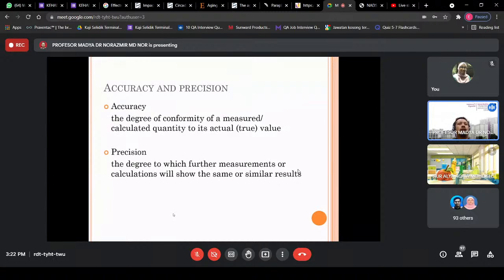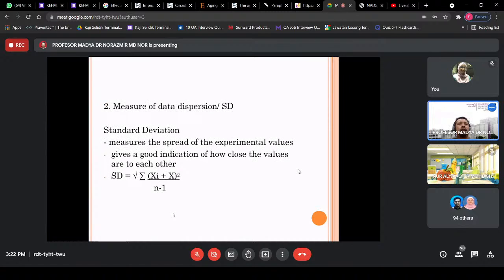So this accuracy and precision, you have learned this in physics before, accurate and also precise. Okay, measure of the data dispersion, standard deviation. There is SD, always as the SD, what we call plus minus. So even if the same sample is given to you, unfortunately during the MCO we can't conduct the actual lab analysis.